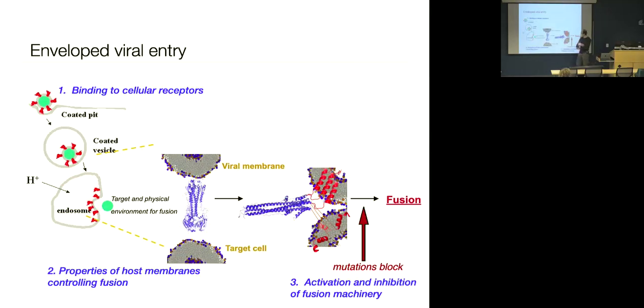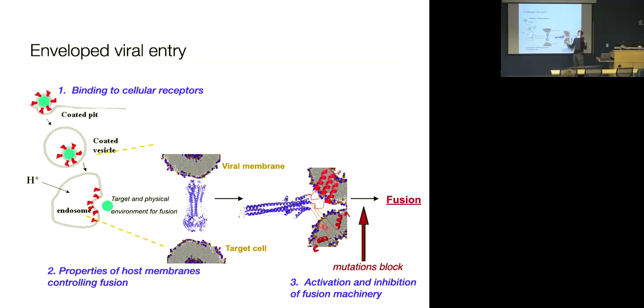The way that a lot of viruses get into cells, this is a schematic for influenza, which is a virus we've worked on for years, that it's sort of a prototype for enveloped virus entry. And before 2020, I'd get up and say, this is the virus that has probably the best track record of causing human pandemics repeatedly.